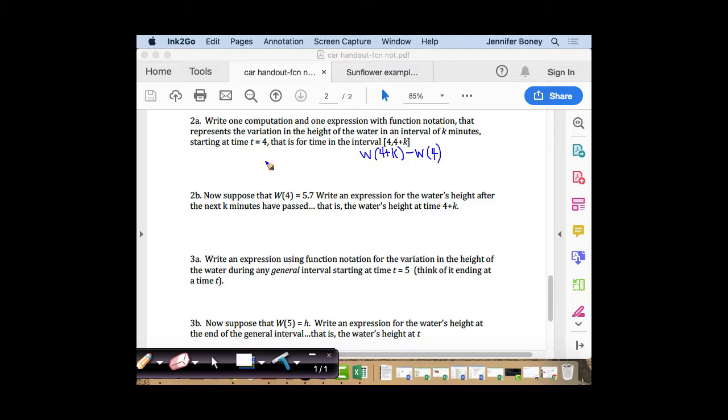If I wanted to just write out a computation, what would I have to compute to get an answer? Somebody else? Yeah. So we get that from doing the 1.23 times 4.